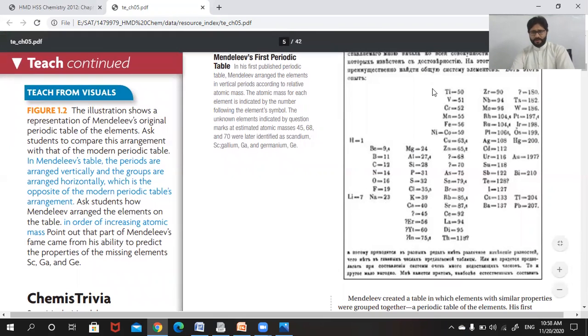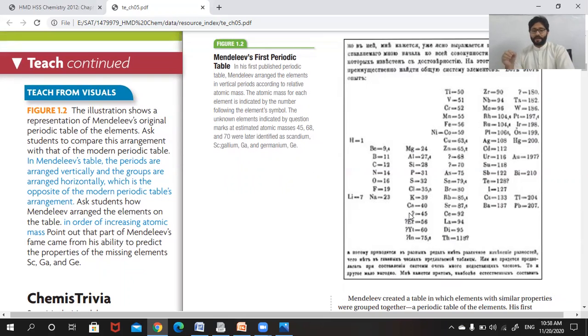Now, dear student, Mendeleev also left some spaces over here. Look, this one, 68, 70, and over here 45. He left these spaces. Why? He was thinking that these elements would exist. In 1871, the Russian chemist boldly predicted the existence and properties of the elements that would fill these three spaces.